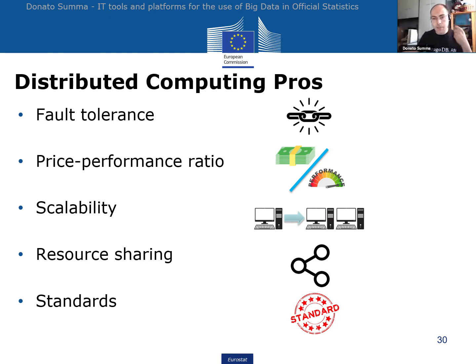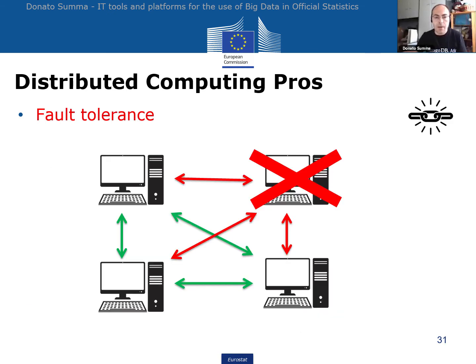So basically, the main advantages are the so-called fault tolerance, a very high price-performance ratio, scalability, resource sharing, and standards. Let's talk a little bit in more detail about fault tolerance.